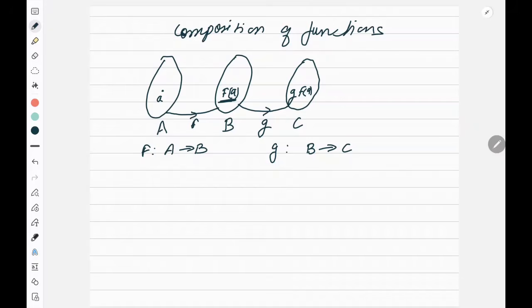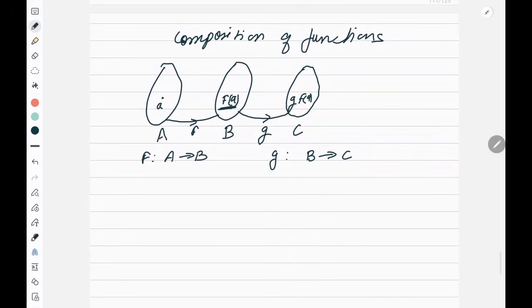So for composition of mappings, we consider three sets and then we define a mapping from A to C, which is represented by g∘f, and it is called the composition of mappings.